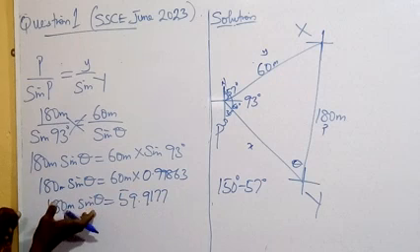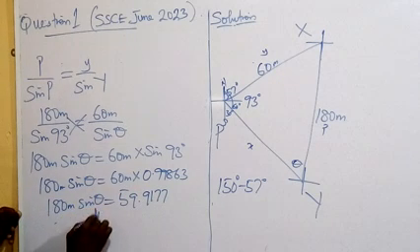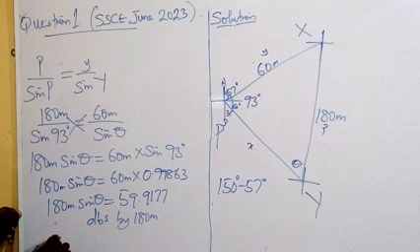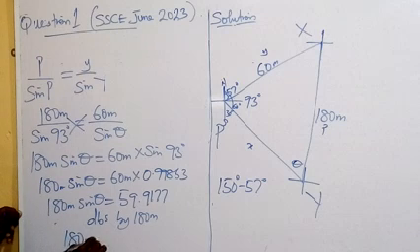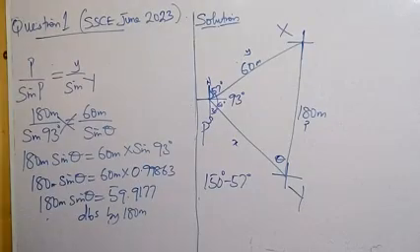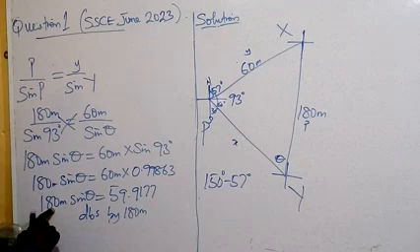All right, since we are looking for this angle, divide both sides by 180 meter.